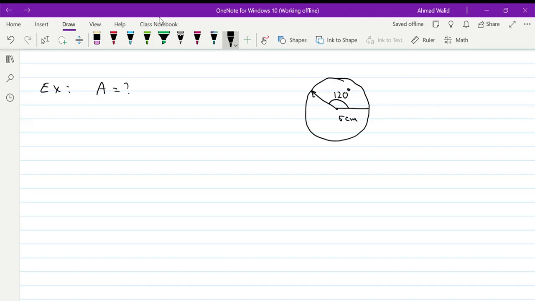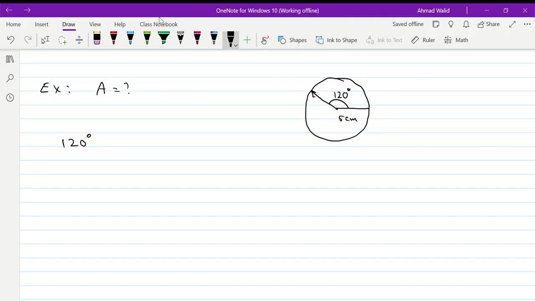Remember, if your angle is given in degree, the first step is to convert your angle from degree to radian, because the formula that we are using to calculate the area sector is for radian, not for degree. If the angle theta is given in degree, step number 1 is to convert the degree to radian. Correct?